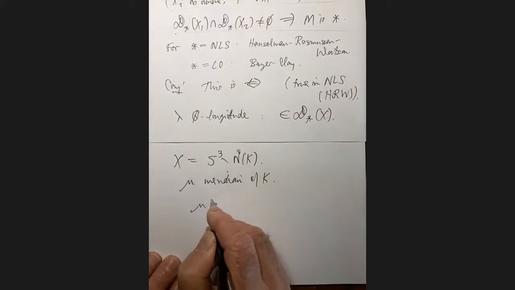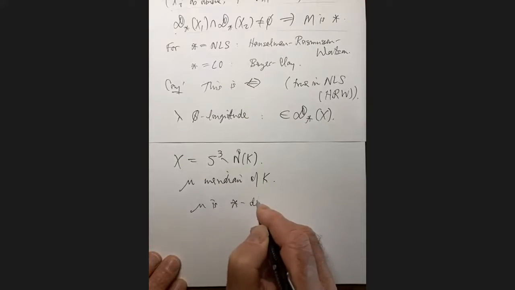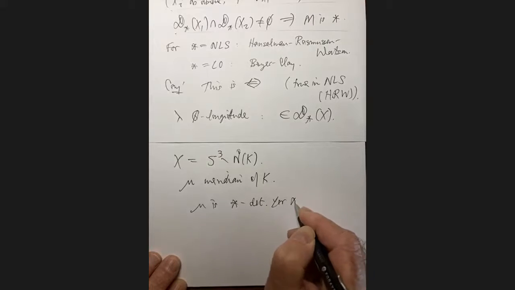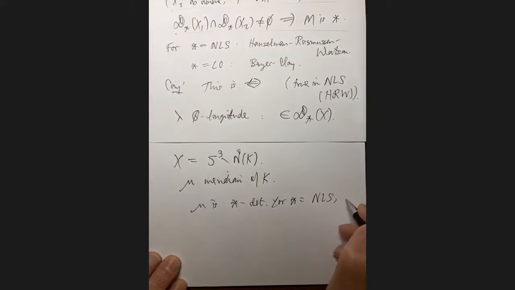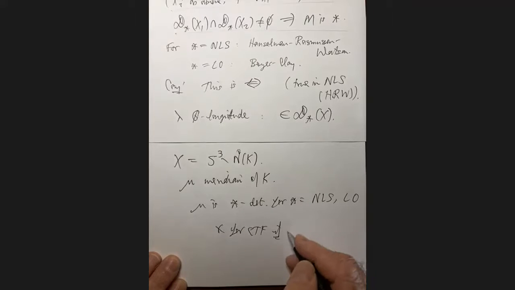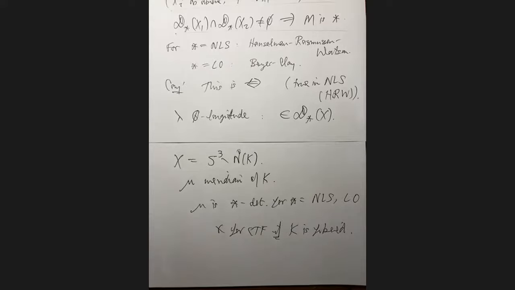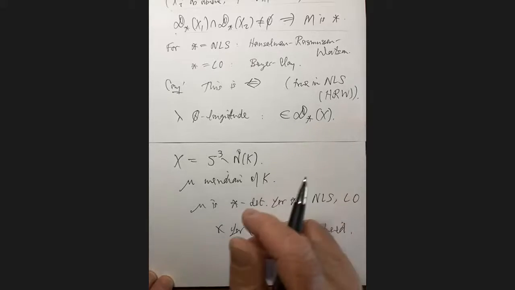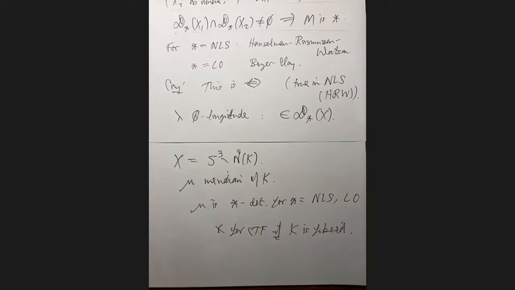So in fact, mu is star detected for star equals NLS and LO, and for CTF, at the moment we need to know that K is fibered, but anyway, that's okay.